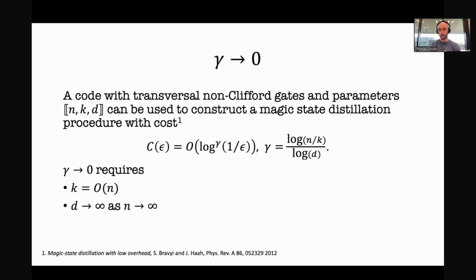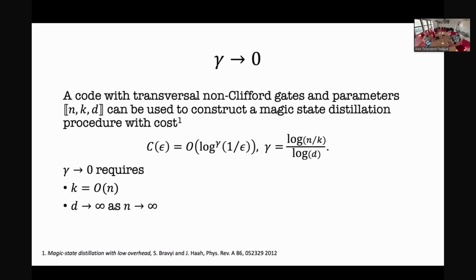So I guess the headline result is this gamma to zero claim that we have. This is from a paper by Bravyi and Haah a long time ago, where they show how, if you have some code that has transversal non-Clifford gates, you can use it to define a magic state distillation procedure where the cost has an exponent that depends just on the parameters of the code you're using.